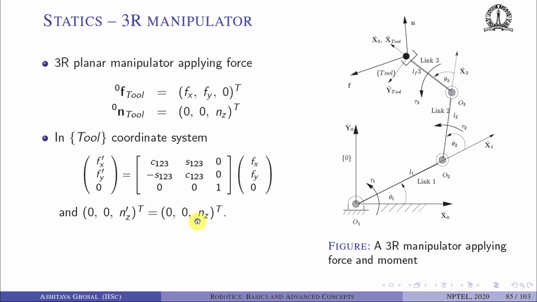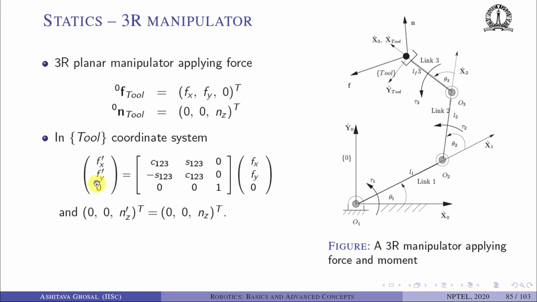It does not matter, because only the x and y rotation is about the z-axis. So if the moment is already about the z-axis, nothing happens. So i+1 N i+1 for the tool coordinate system is 0, 0, and nz. The force in the tool coordinate system, i+1 F i+1, is given by Fx prime, Fy prime, 0.